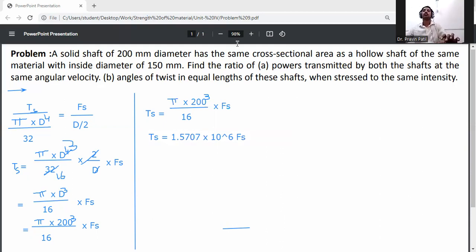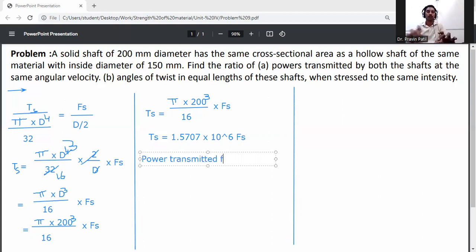Okay, so now calculate power transmitted for hollow. So this one is also T divided by IP for hollow section.